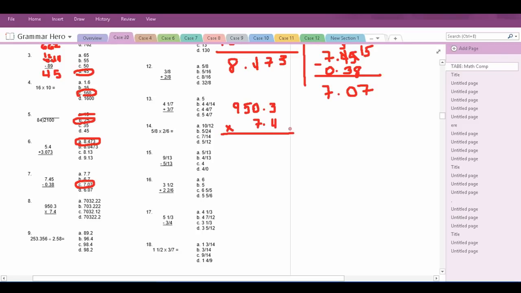The trick is to make these decimals into whole numbers and remember how many decimal places you had to move and then add those decimal places back in at the end. So I'm going to move this over 1 to here. That's 1 decimal place to give me 9,503. And I'm going to move this decimal place 1 to give me 74. So I moved 1, 2 decimal places. Okay. At the end, I'll add those back in.